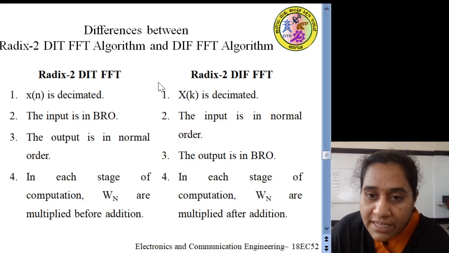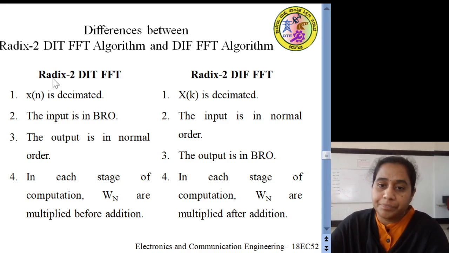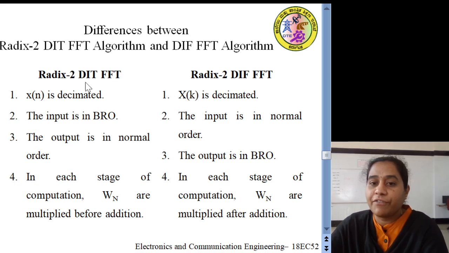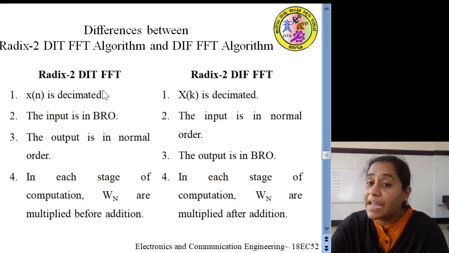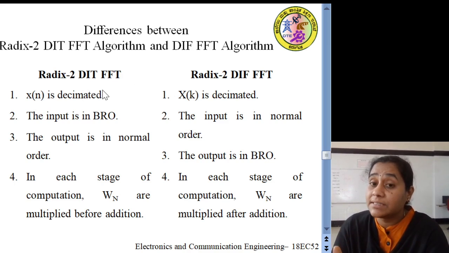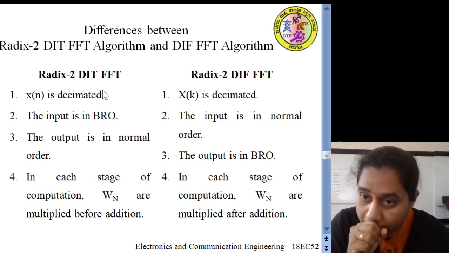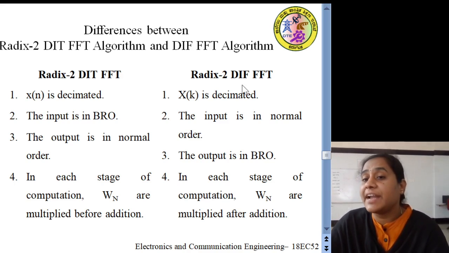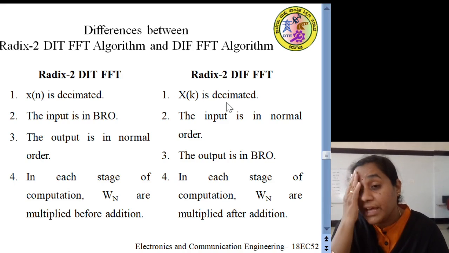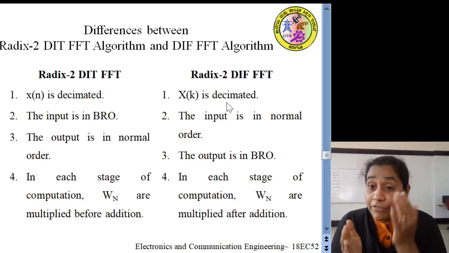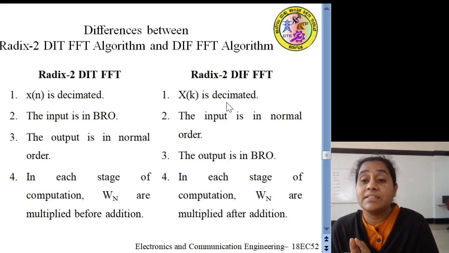In the case of the radix 2 DIT FFT algorithm, our x of n is decimated. That means the time domain samples are decimated here. In the radix 2 DIF FFT algorithm, X of k is decimated. So here we are splitting the frequency domain sequence.